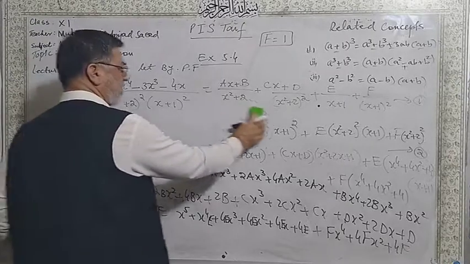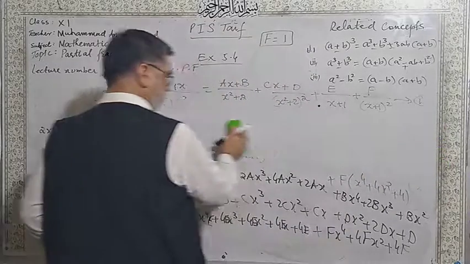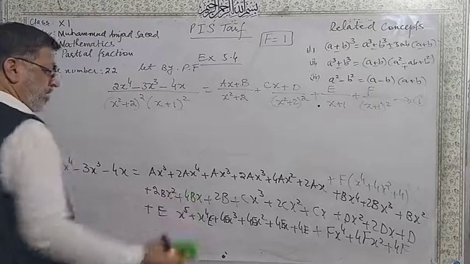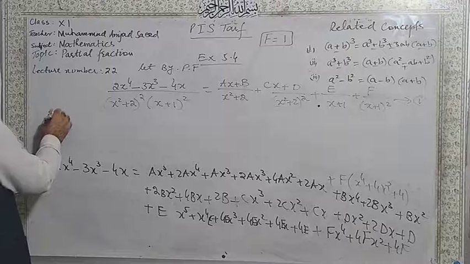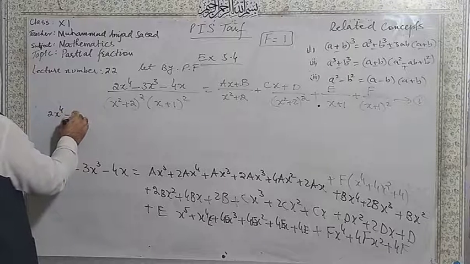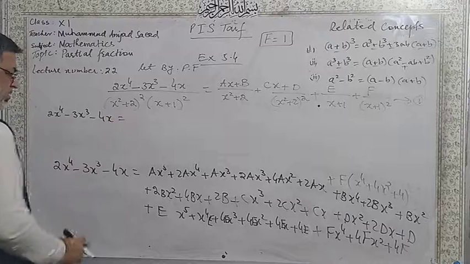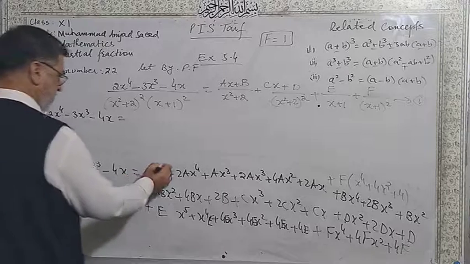After that we can write down this is 2x4 minus 3x cube minus 4x is equal to, we will find the terms with same powers.